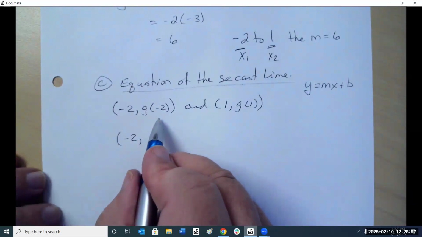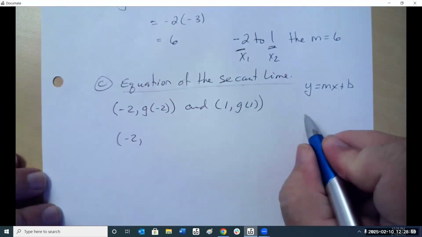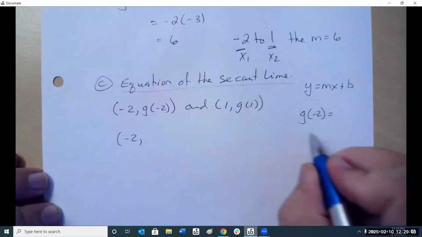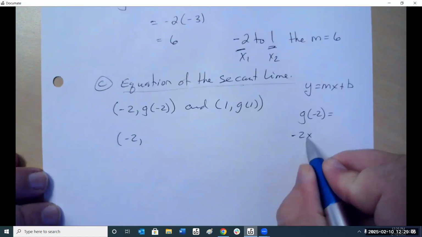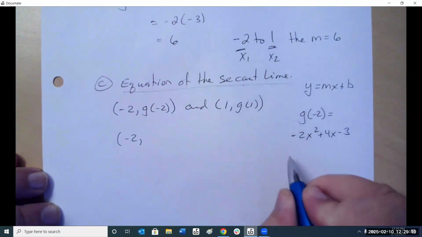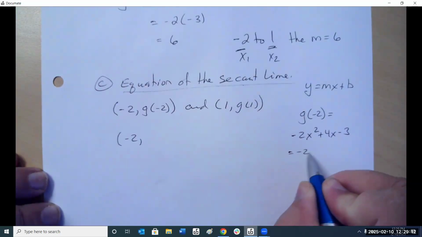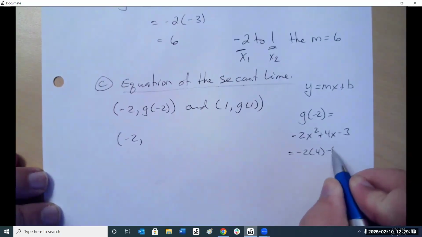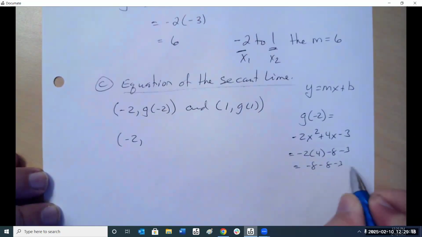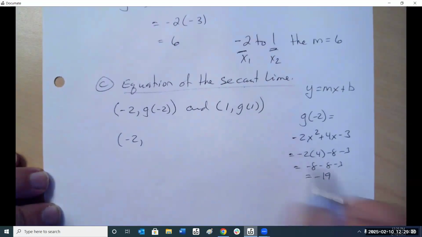So G of -2 is -2x squared plus 4x minus 3. -2 times 4 minus 8 minus 3 is -19.